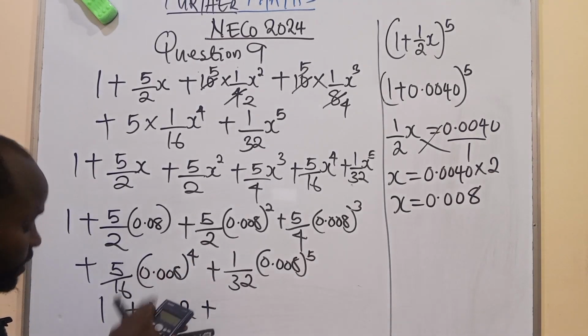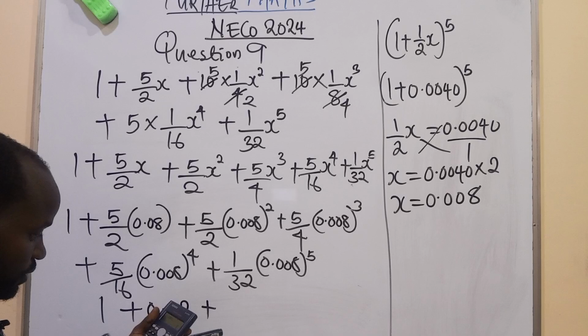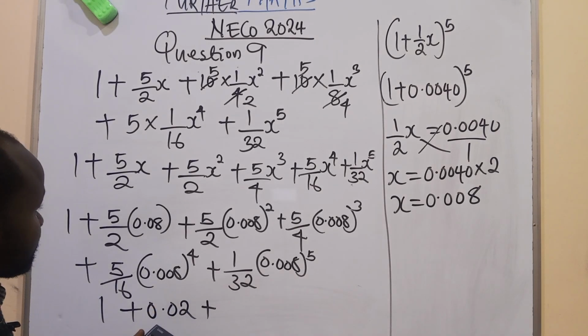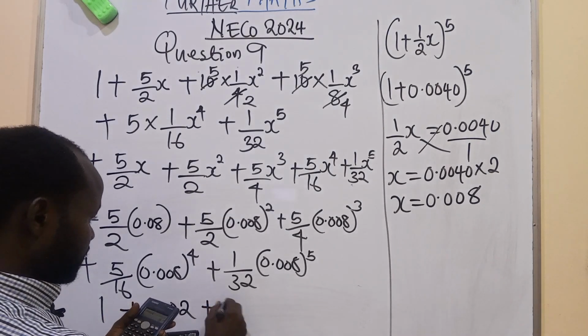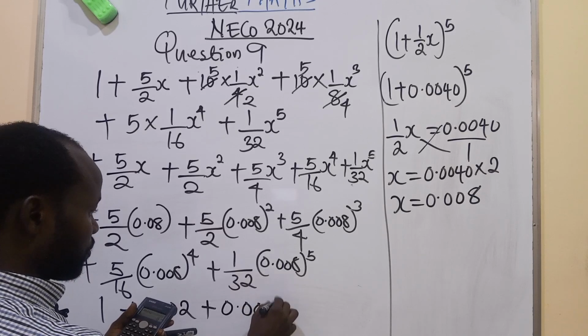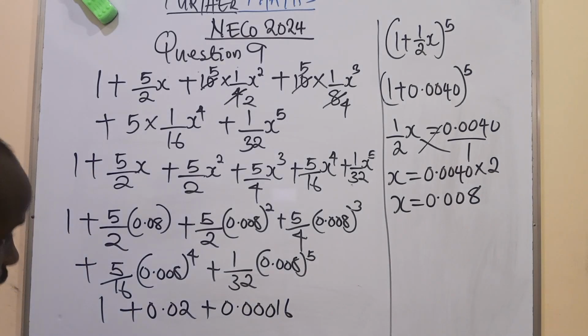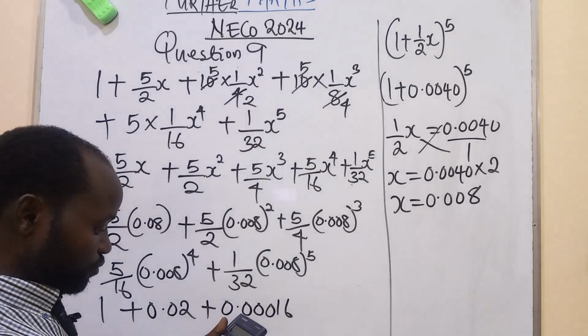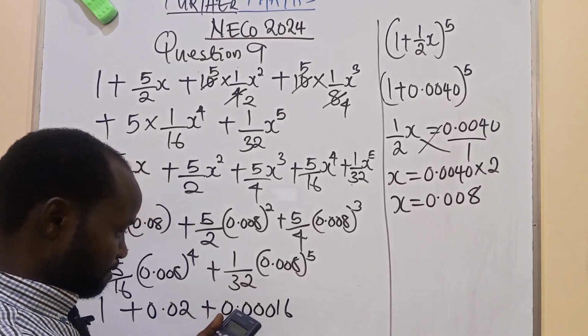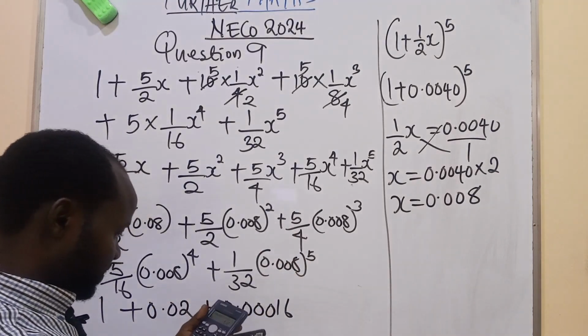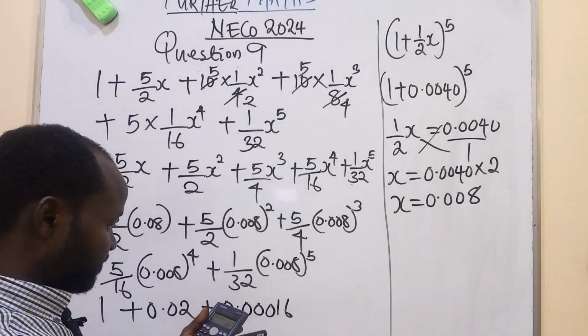Let's do it again, 0.008 square, multiplied by 5, then divided by 2, we'll have 0.00016. Okay, next, we have 0.008 power 3 multiplied by 5 divided by 4.